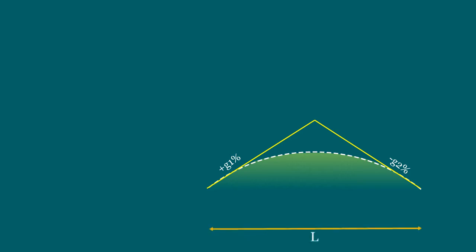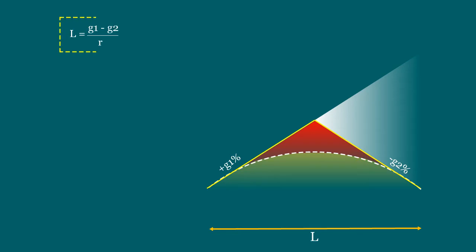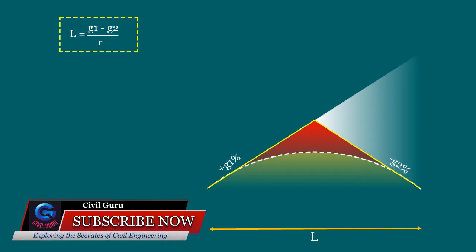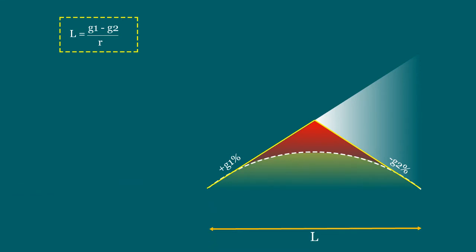That is, the length of curve L equals the total change of grades divided by the rate of change of grade, that is, (G1 minus G2) divided by R chains. Here, G1 minus G2 equals the algebraic difference of the two grades in percentage, and R equals the rate of change of grade in percentage per chain. The standard interval is considered as one chain.